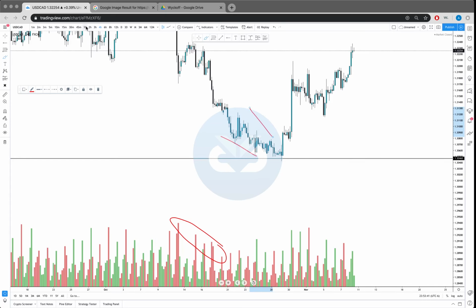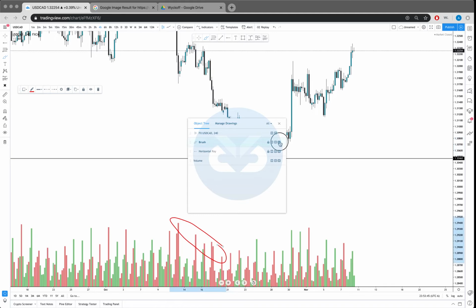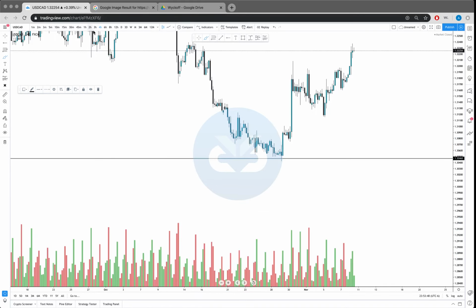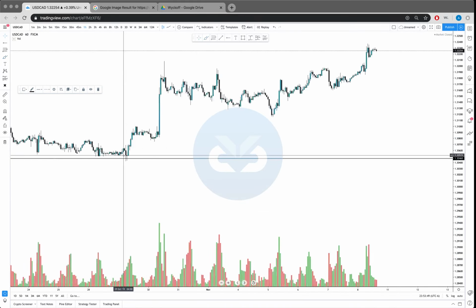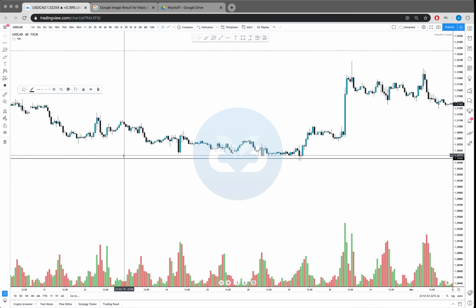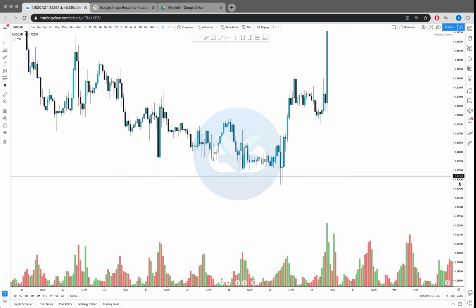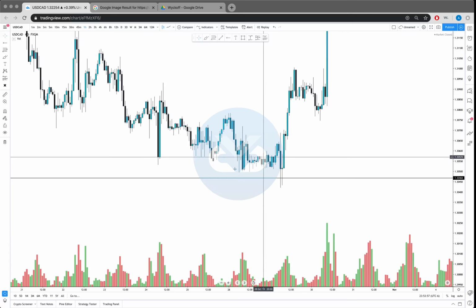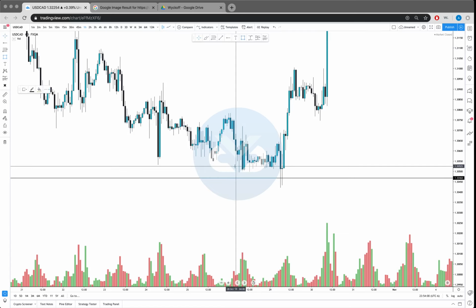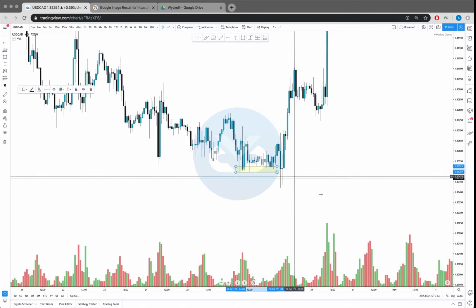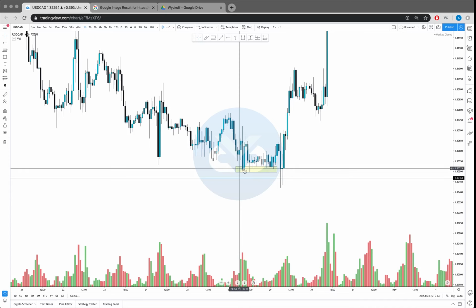So now let's start zooming in more. Let me delete this real quick. Right, let's start zooming in more. What do we see? We see liquidity start to be created by relative equal lows.